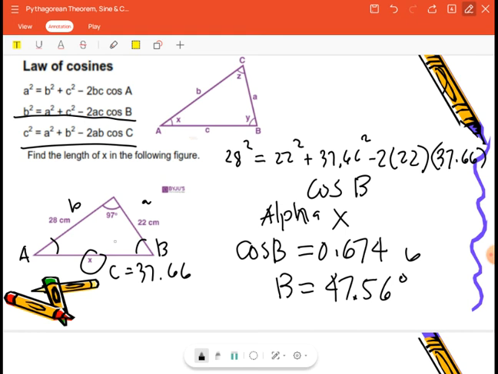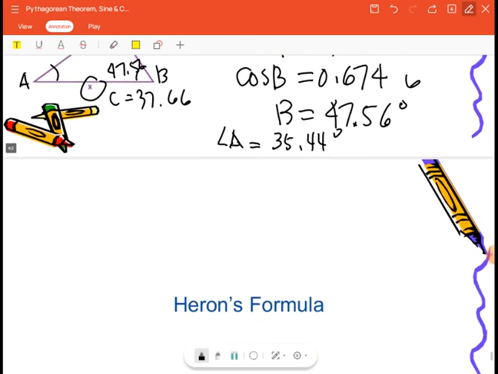Ayan, so ito yung ilalagay natin dito, 47.56. Then, para makuha mo yung angle A, kunin mo na lang yung total na angle, 180 minus 97 minus 47.56, at yung lalabas ay 35.44 degrees. So, ganun tayo mag-solve ng ating mga triangle.